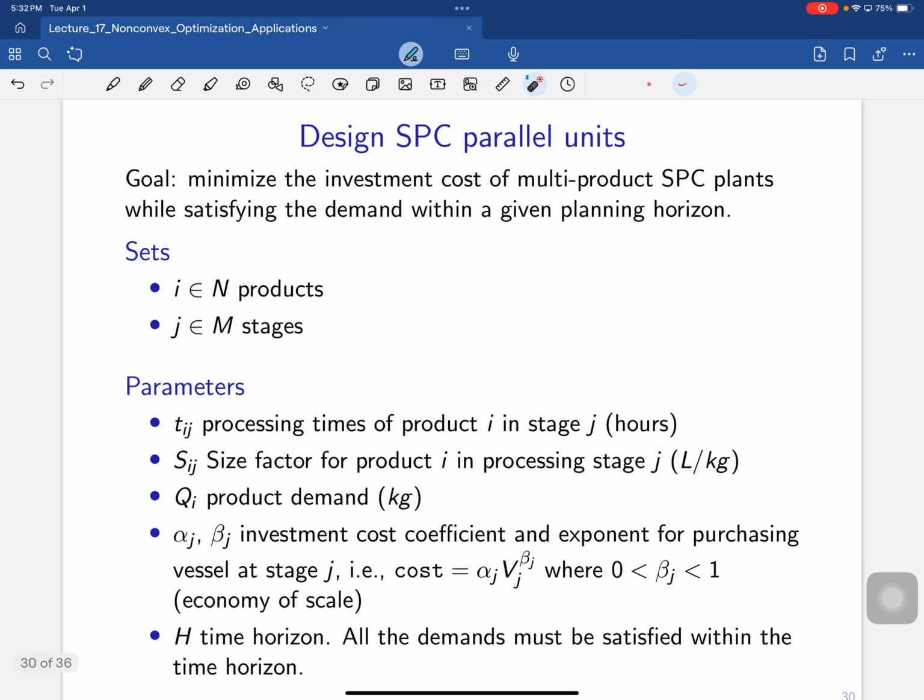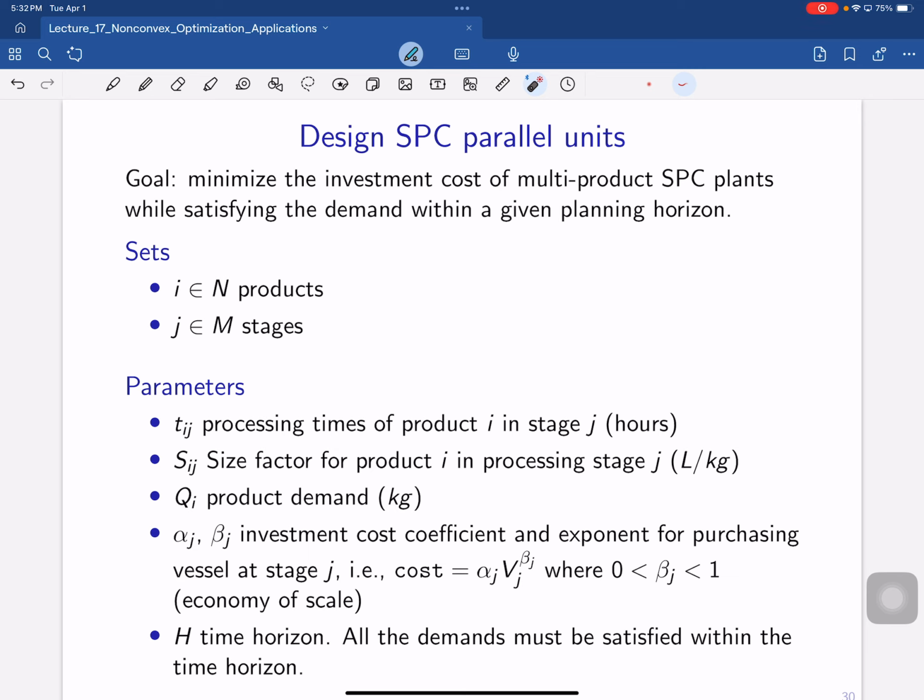And then alpha j, beta j are the investment cost coefficients. You can think about if you invest in a vessel, then the cost is alpha times the volume raised to the power of beta j. Usually beta j is less than 1 because of economy of scale. You can think about beta as 0.6 or 0.8. And h is the time horizon.